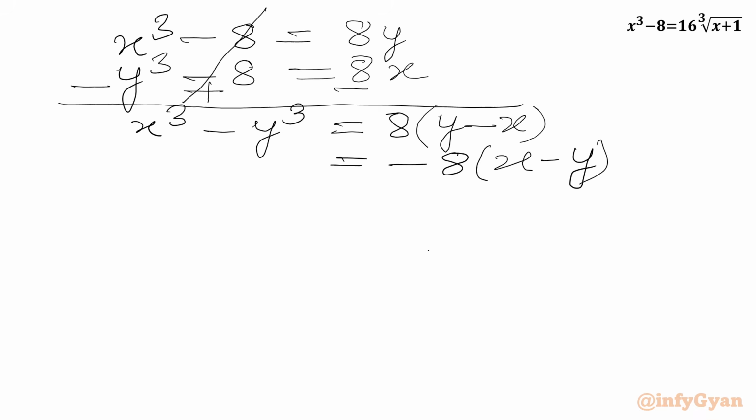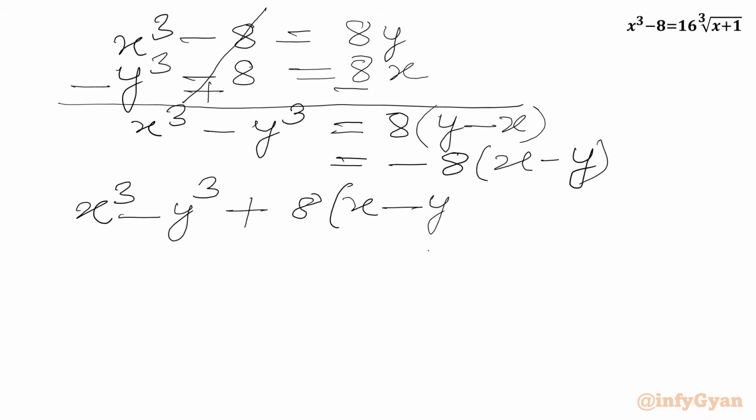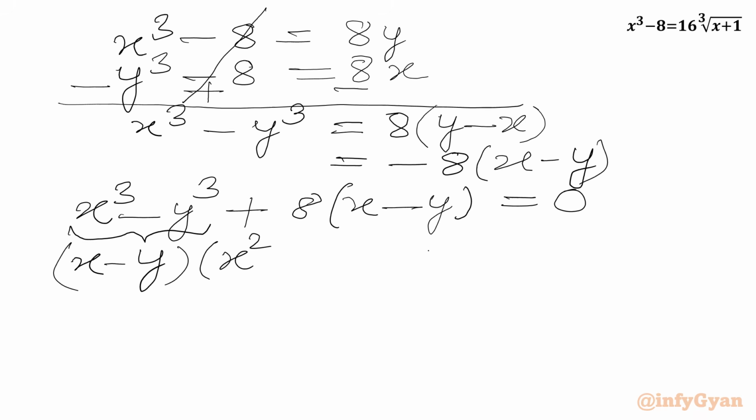We'll write all the terms to LHS. So x cube minus y cube plus 8 times x minus y equal to 0. Now we can use the difference of two cubes identity. So we will write x minus y times x square plus y square plus xy plus 8 equal to 0.